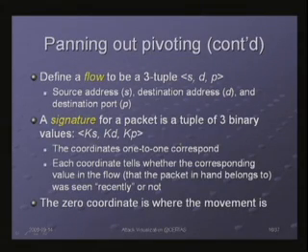First, let us define a flow to be a three-tuple consisting of source IP address, destination IP address, and destination port. And then we define the signature for a packet, and the signature corresponds to the flow three-tuple. But the values here will be binary. So KS, KD, and KP, they're all binary.